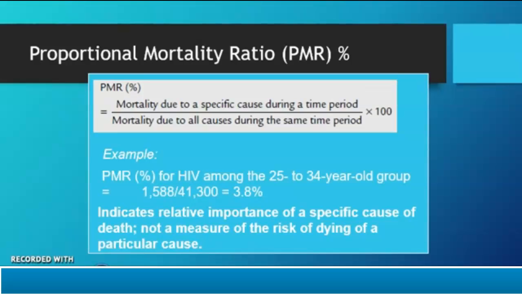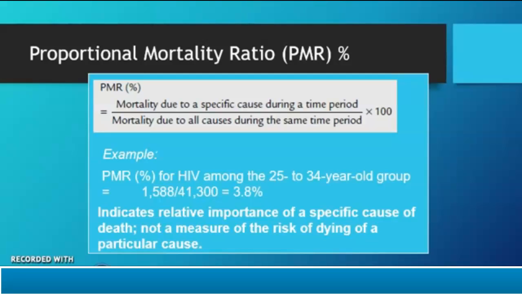So proportional mortality ratio is actually a percentage, and this will be another thing that you'll be doing in your assignment. So if we look at the same example as before, this is another way of expressing the relative importance of a specific cause of death. So HIV among 25 to 34-year-olds, what is the percentage importance of this?